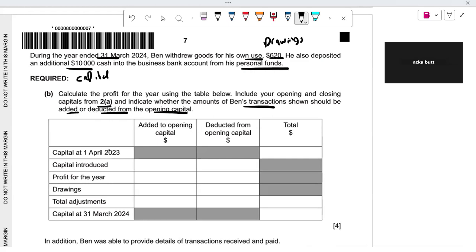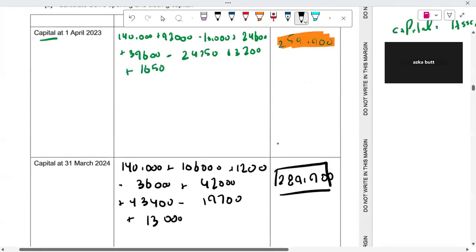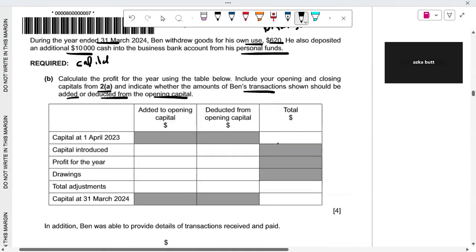Okay. First of all, we have the capital at the 1st April, which was, I guess, 259,900. And he introduced the capital, and that's why we have to add it into the opening capital, because this is the capital which he introduced at the start of the year.